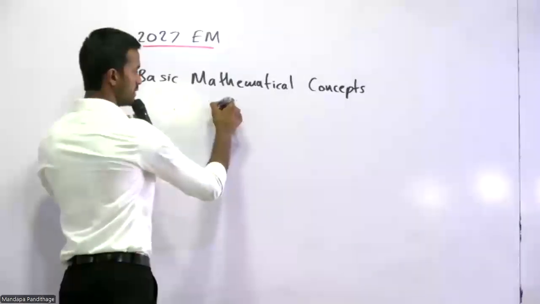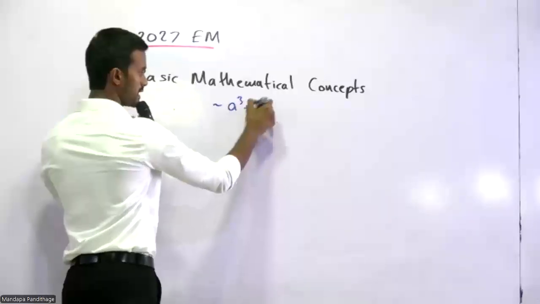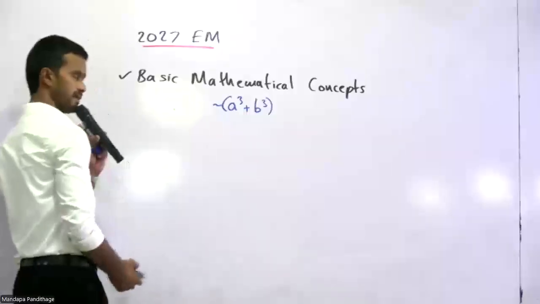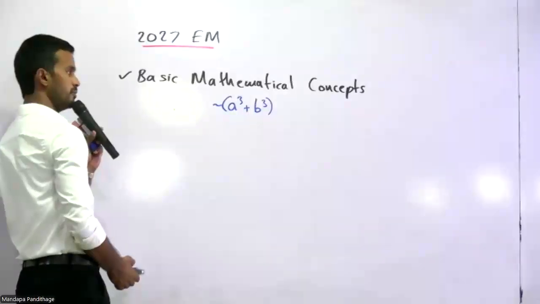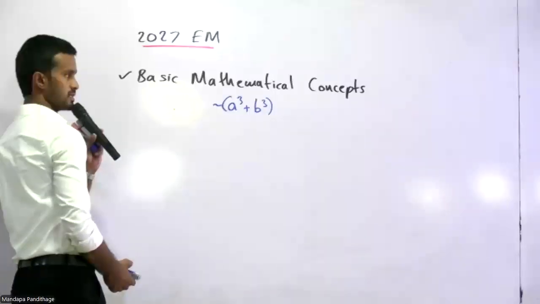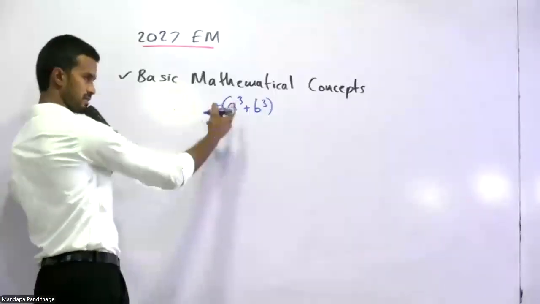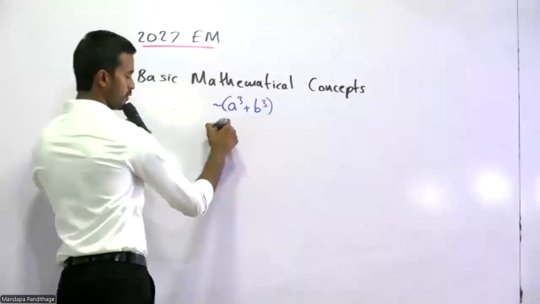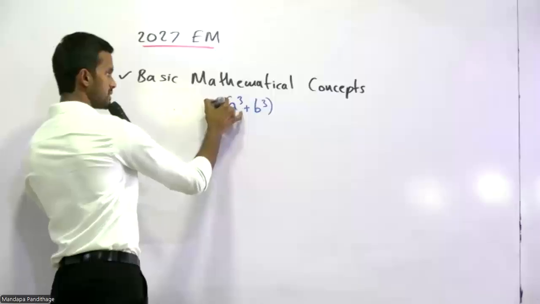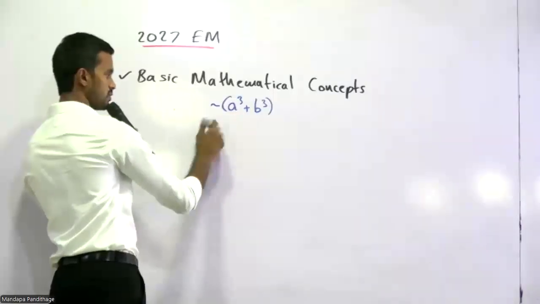In O levels you didn't know the expansion of a cube plus b cube. So under this category, we learned the expansion of a cube plus b cube. That is just one example. And for O levels, you only work with simultaneous equations with two variables.